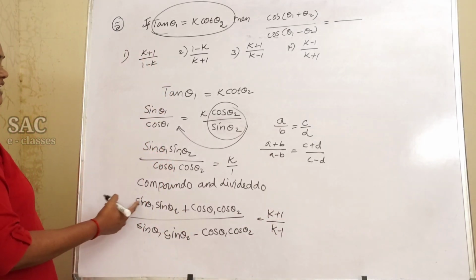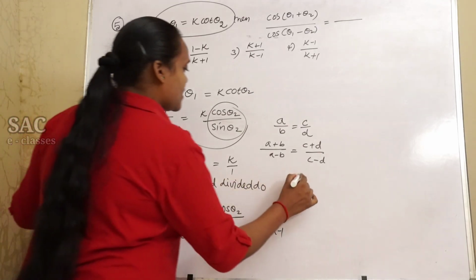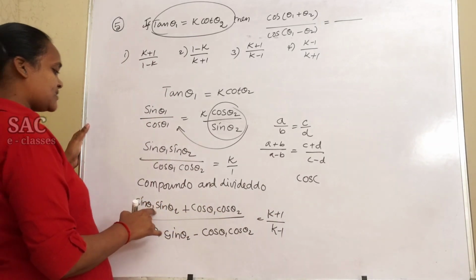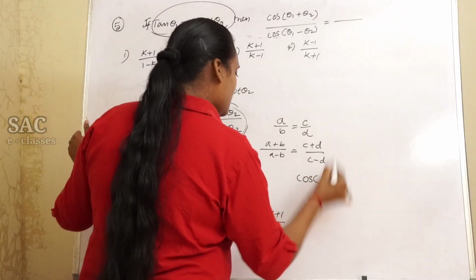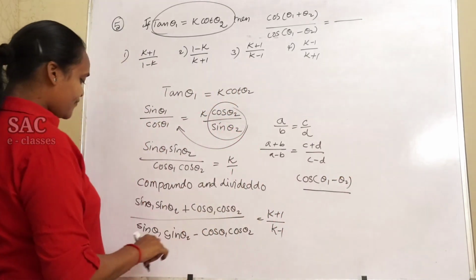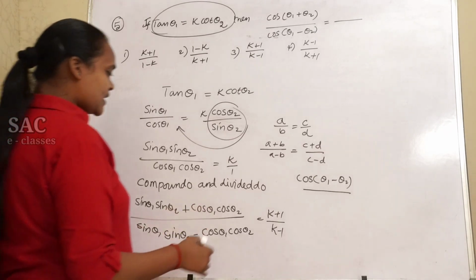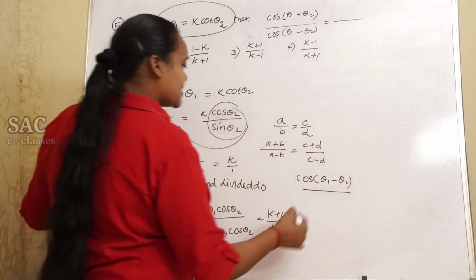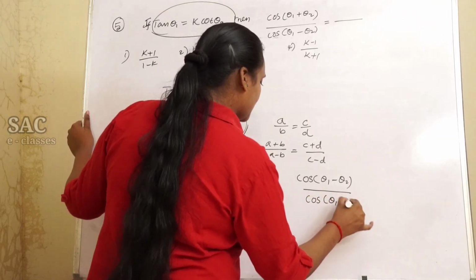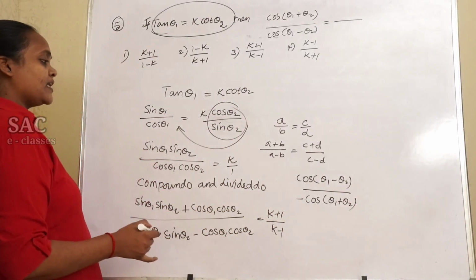We all know that sin A sin B plus cos A cos B is nothing but cos of A minus B. What is cos of A minus B here? Cos of theta 1 minus theta 2. And if you observe, sin A sin B minus cos A cos B can be written as cos of theta 1 plus theta 2, but here it is reversed, that's why I have taken it as minus 1.